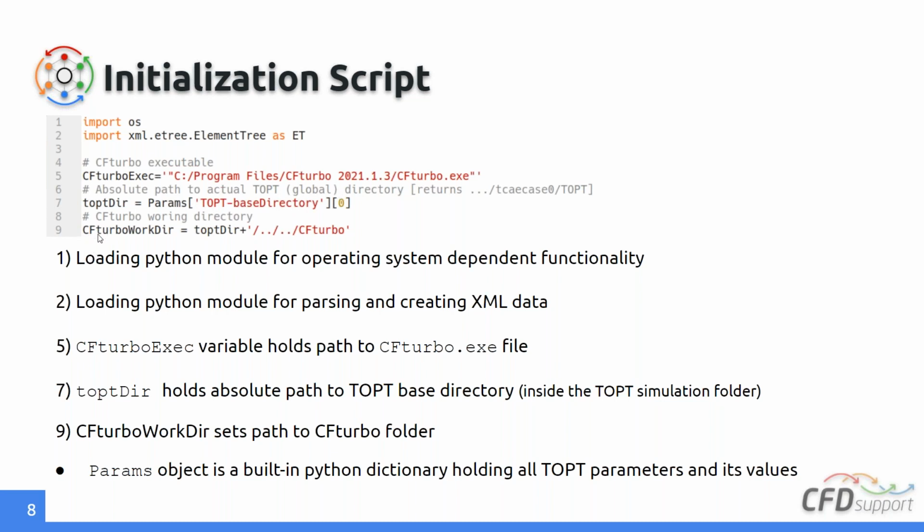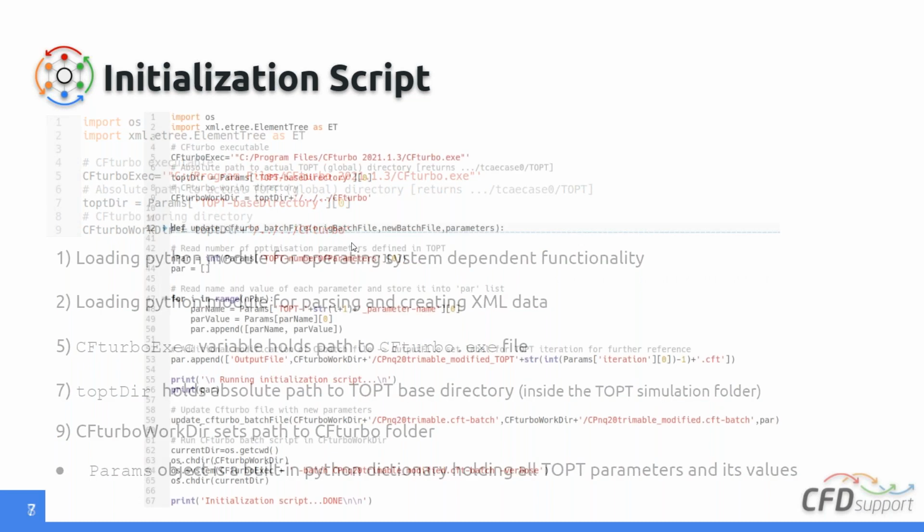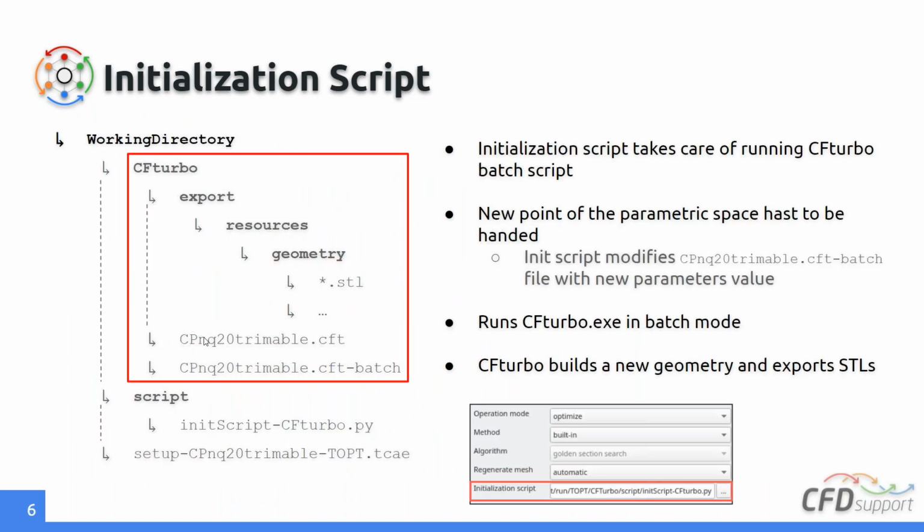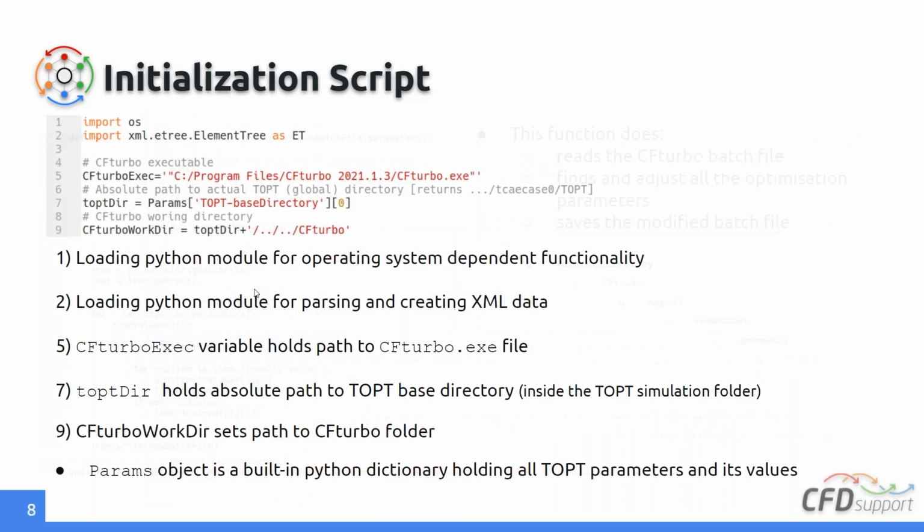And then we also define the CFturbo working directory, because there we would like to run CFturbo batch mode. So we just refer from this base directory to the CFturbo following our file structure. We would like to have the reference to the CFturbo file wherever you run it.